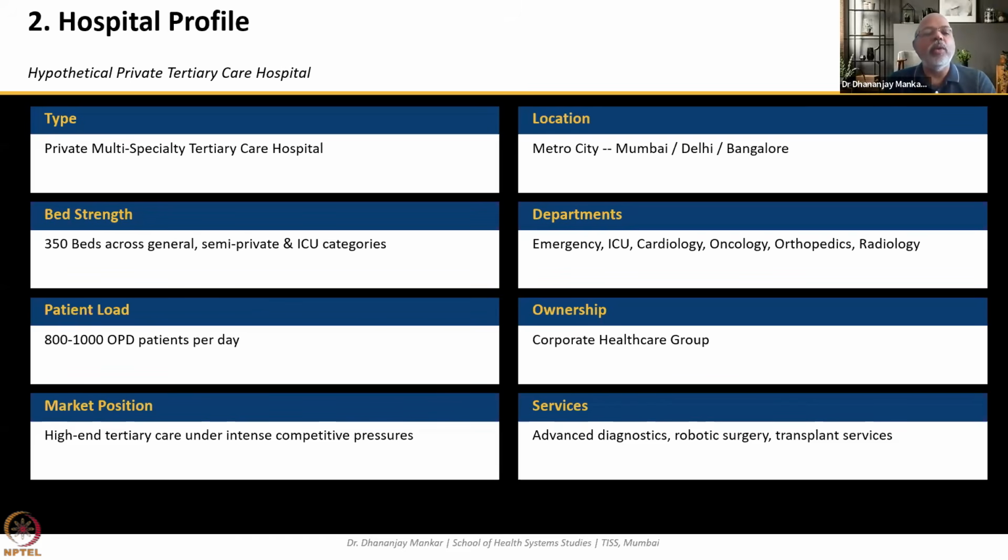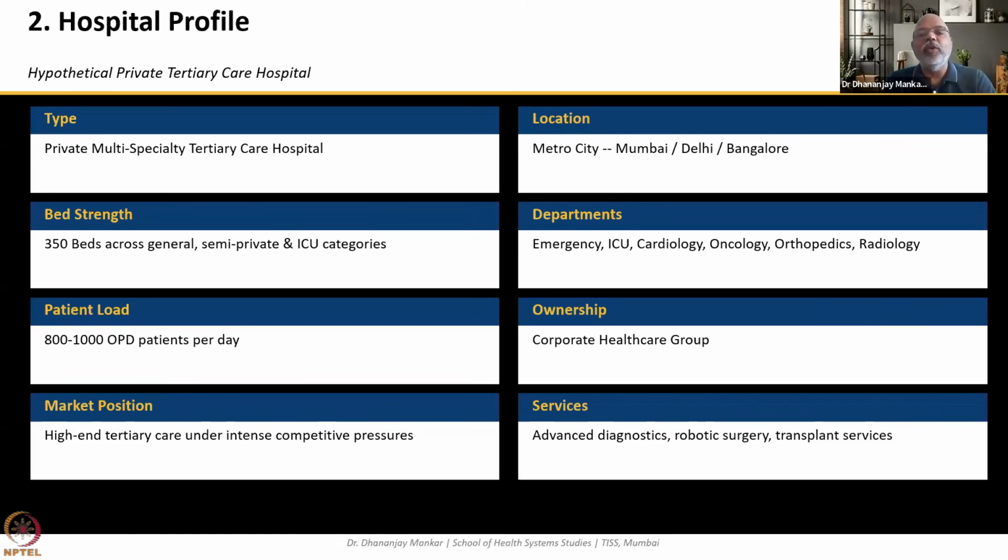The hospital is working towards strengthening and increasing its facilities through different departments. This particular hospital, XYZ, from Delhi city, provides some services which every hospital has and which are popular: the emergency department, ICU, cardiology unit, oncology, orthopedics and radiology.